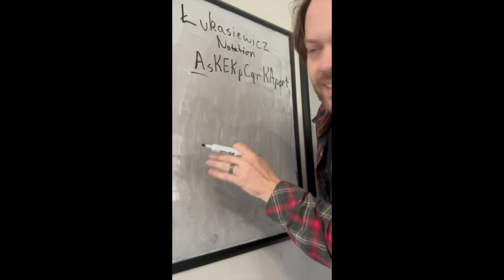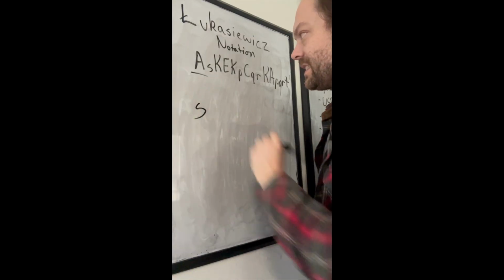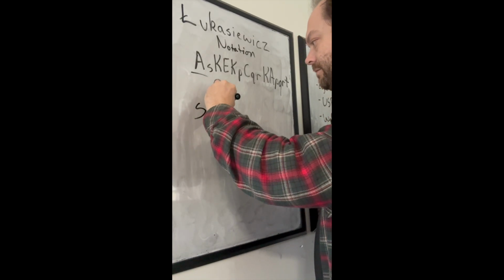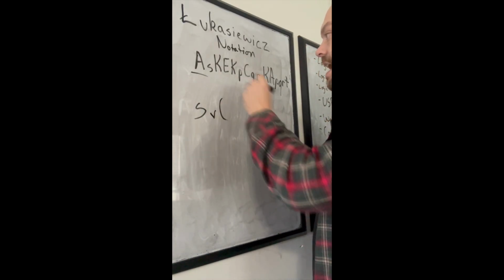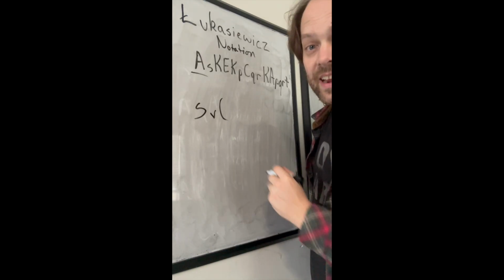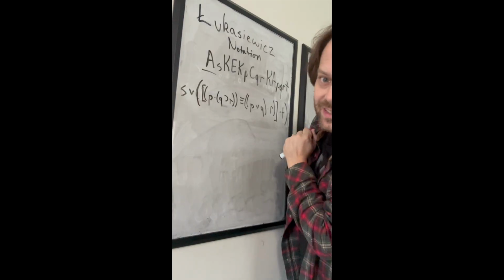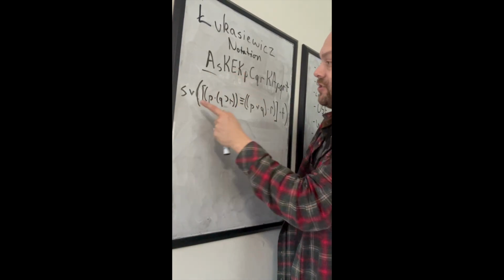Let's see if we can piece together what it looks like. It's the disjunction of S and the conjunction of an equivalency and a conjunction. So again, this unwieldy mess is the alternation of S and a conjunction.